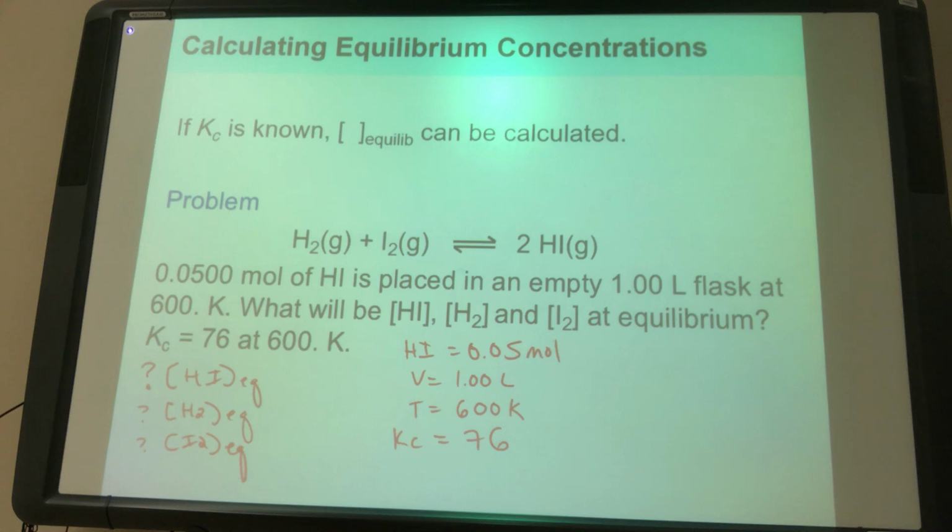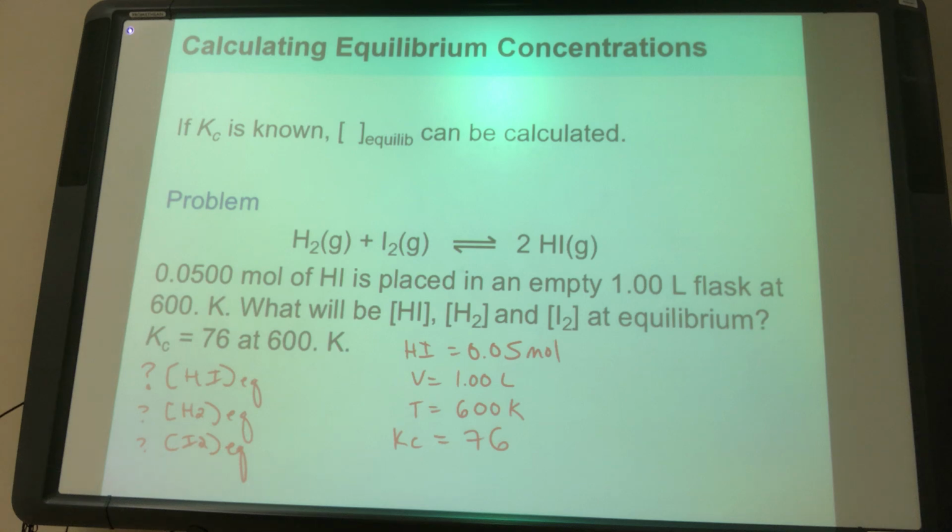If you're told that you have to find the equilibrium concentrations, you automatically need to go to an ICE table, okay? Because the way that we're gonna find these is kind of the same way we did last time with the X, but how we solve for X is gonna be different.